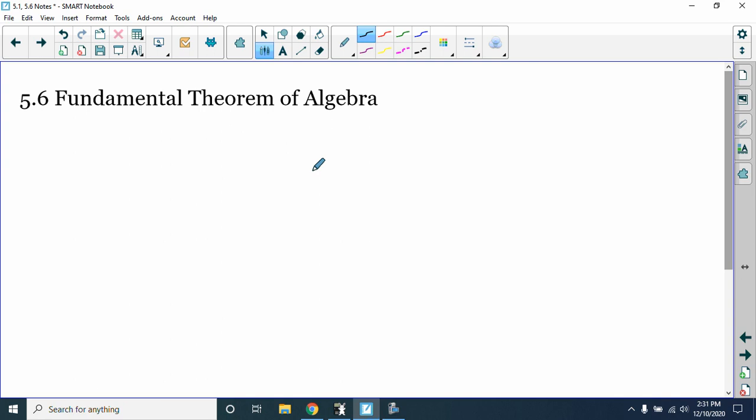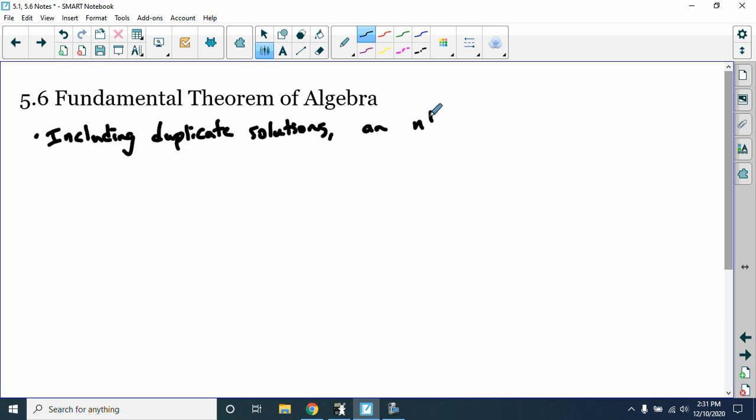The fundamental theorem of algebra says, including duplicate solutions, an nth degree polynomial has n complex solutions.